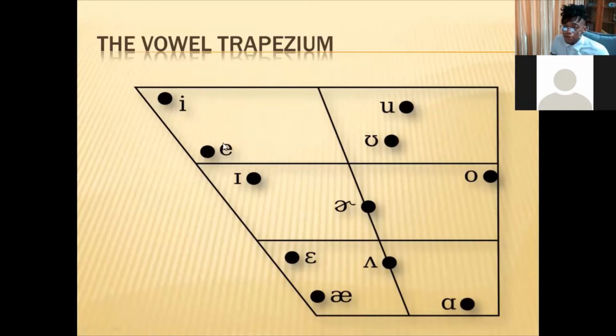Okay. So most importantly, how do we measure or describe the articulation of vowels? How is the articulation of vowels different from the articulation of consonants? Where is the difference there?